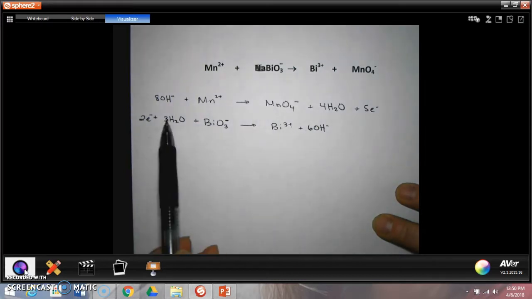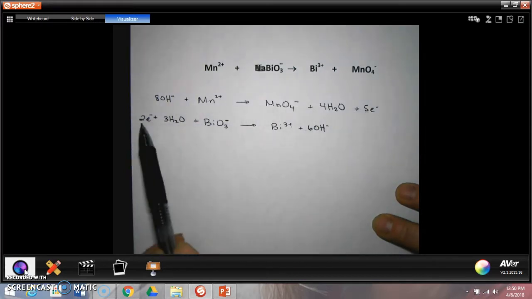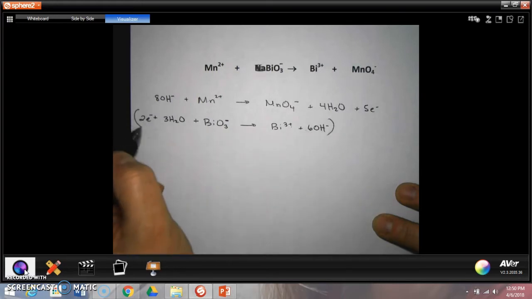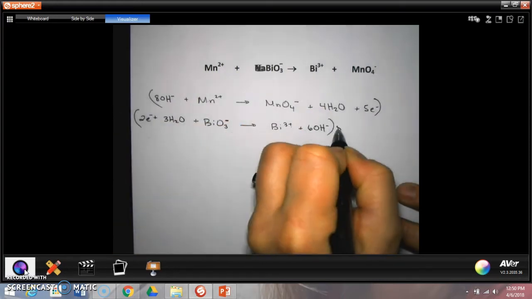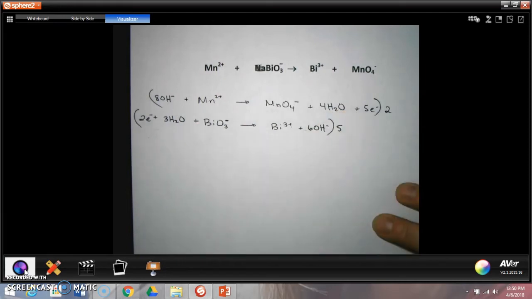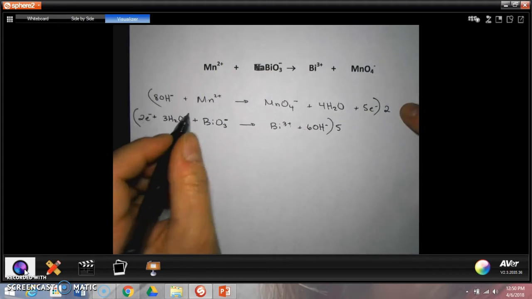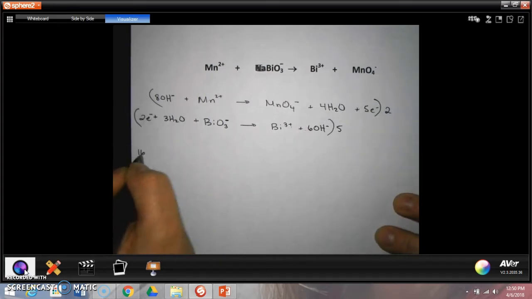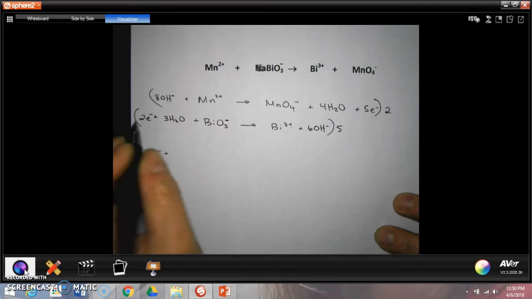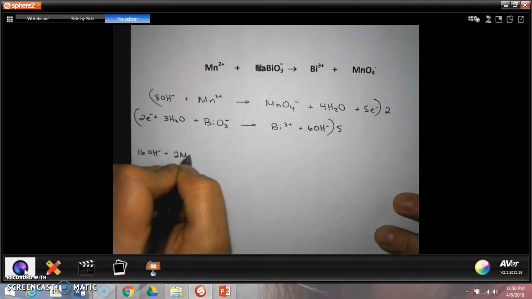Now everything balances out, but to add them together, I've got to make the electrons equal in both half reactions. So the coefficients are going to be 2 and 5. Then I can go through and do all my math. I'm going to do this one separately because distributing and combining everything can get a little confusing. I've got 16 OH minuses and 2 Mn2+.